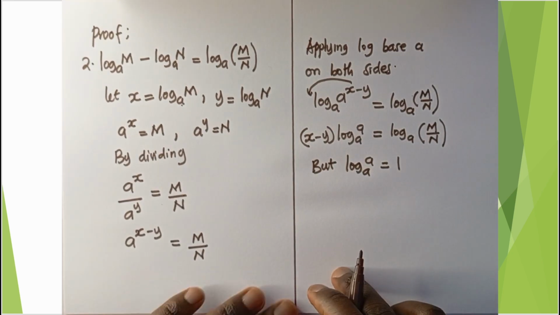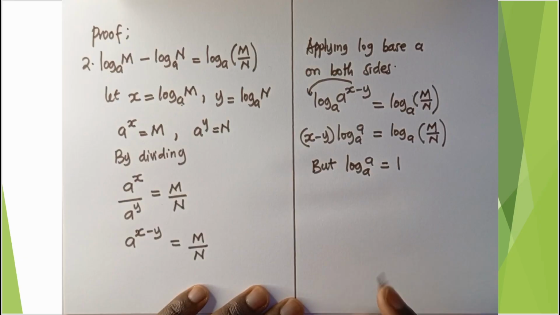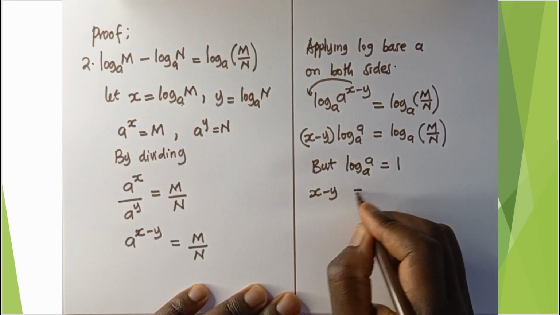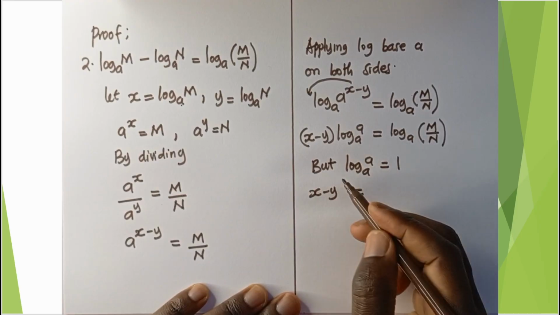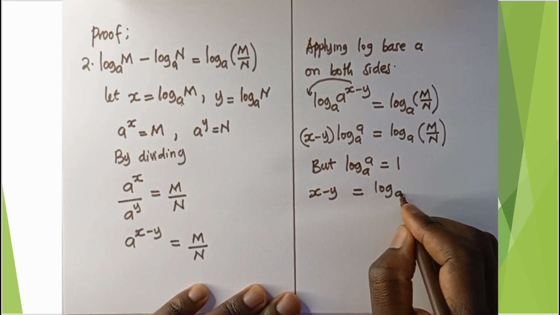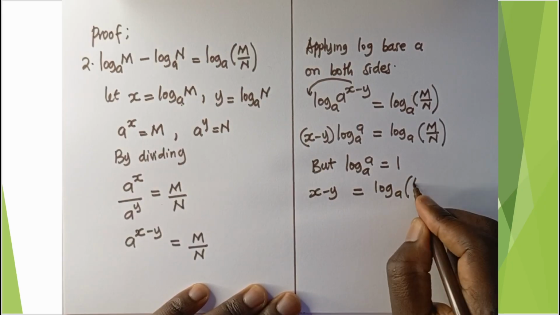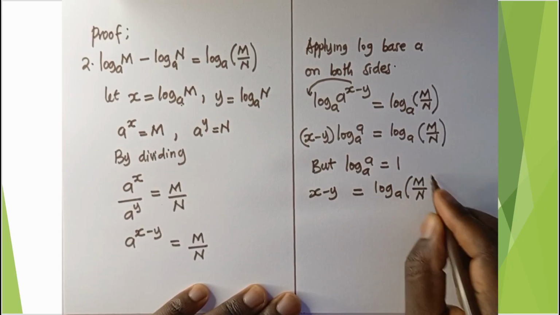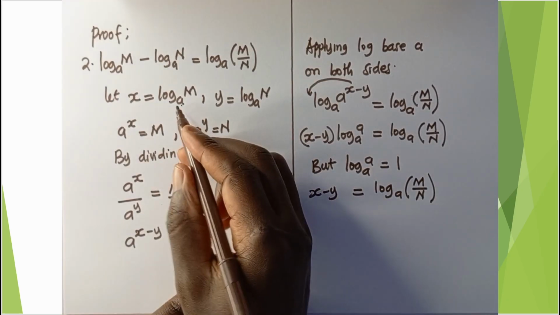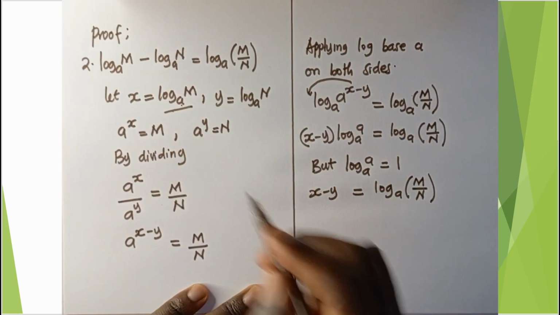So after knowing that fact, we shall have x minus y equal to, because this is 1, and 1 times everything remains the same, log base a of m over n. And what is our x? Our x is this. What is our y?